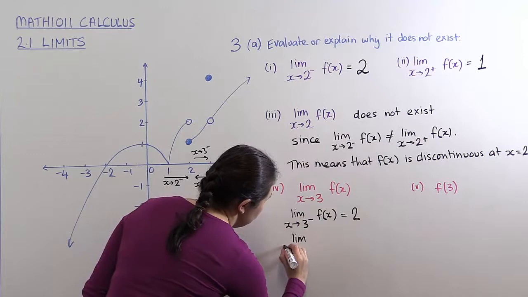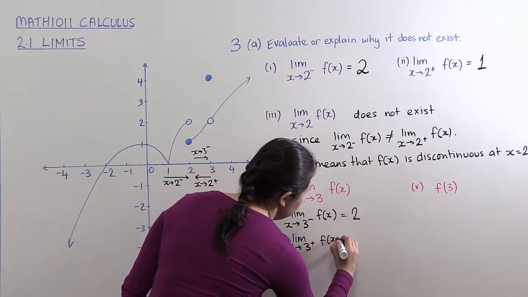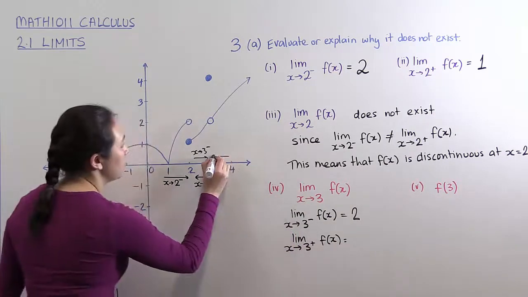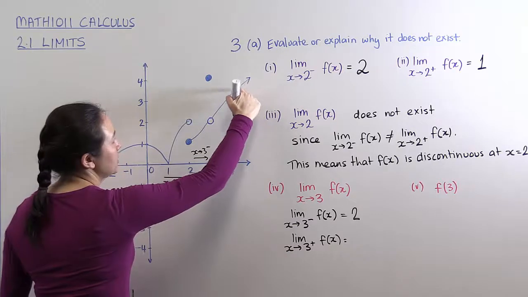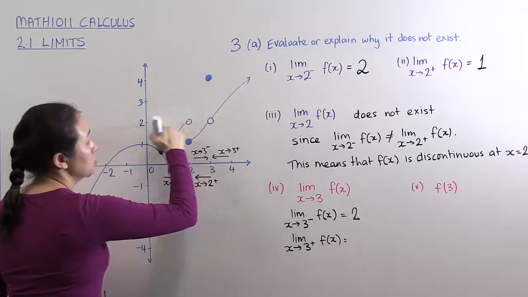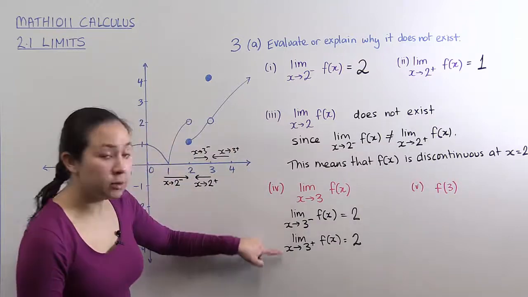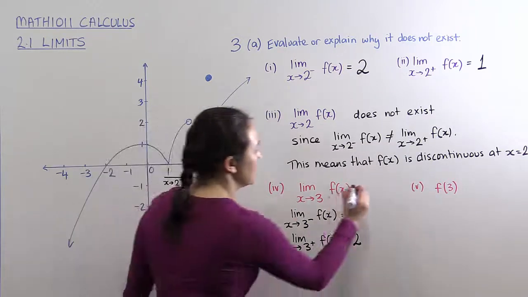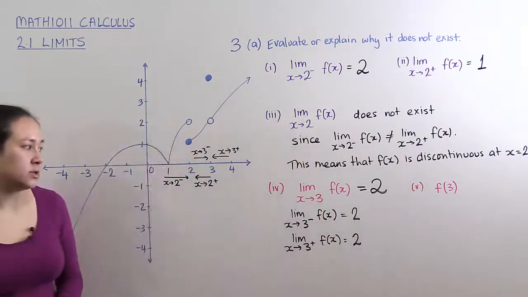If I take the limit as x approaches 3 plus of f of x, and I come in from the right here, you can see my function is going to get closer and closer to 2. Okay, so since these are both equal to each other, overall we can say the limit as x approaches 3 of f of x is going to be 2.